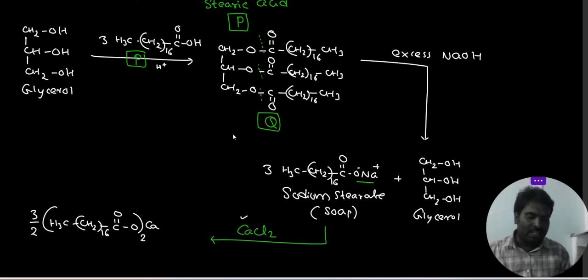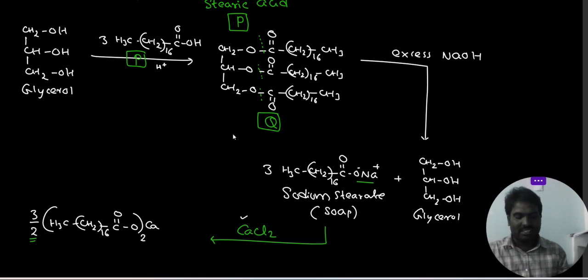That's why we have to take 2 moles of sodium stearate. Here 3/2 into 2 acetate ions: the 2 cancels, and finally you get 3 acetate ions. Understood?